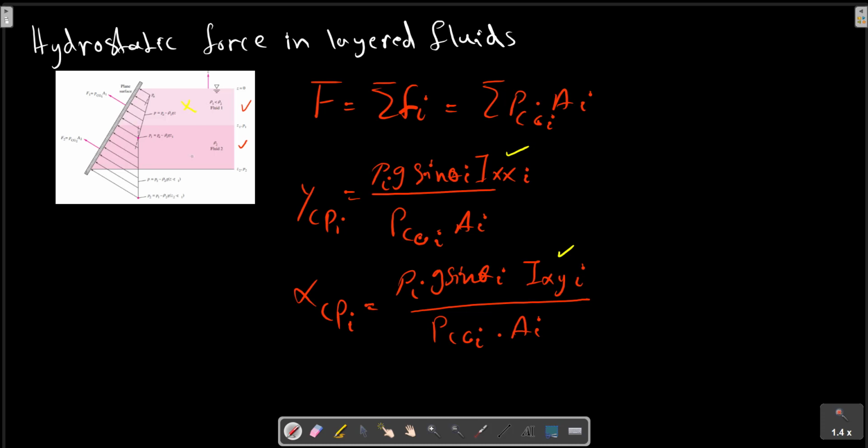We have X and Y for this part and this part. The center of pressure of the total force, as we said, equal to the summation of each force, can then be found by summing moments about some convenient point such as the surface.